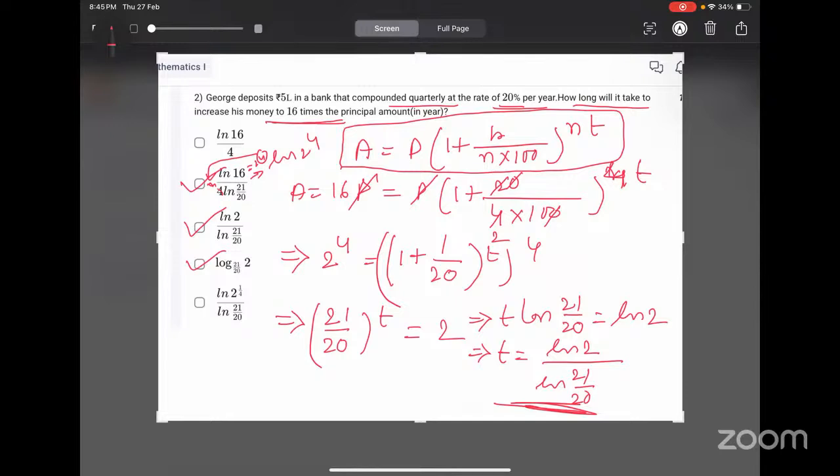You have to remember these formulas, the formula for compound interest and simple interest. Okay, ma'am. Thank you. Yeah. Any other doubt? No, ma'am. Okay.